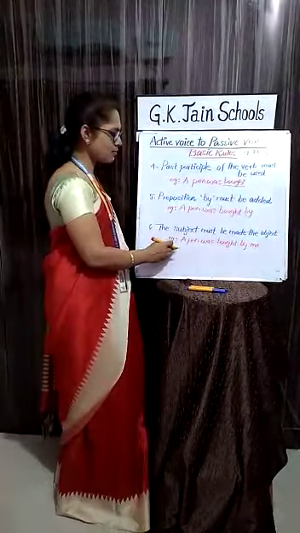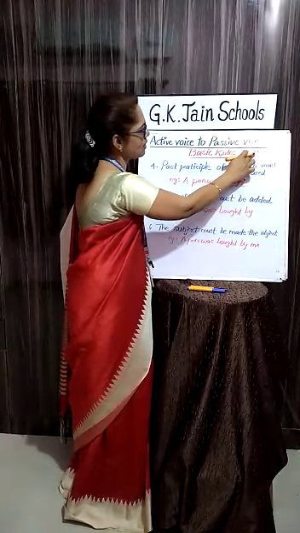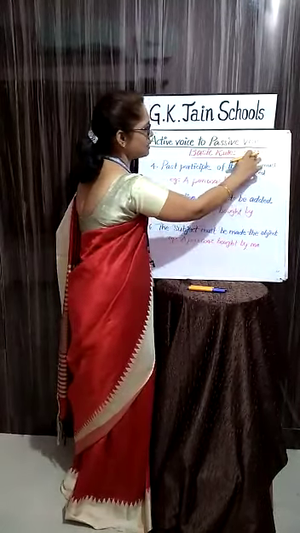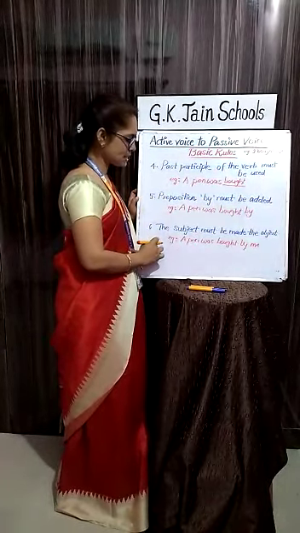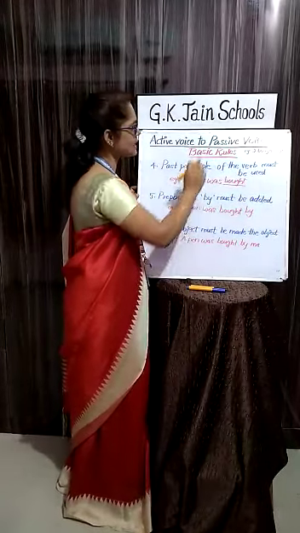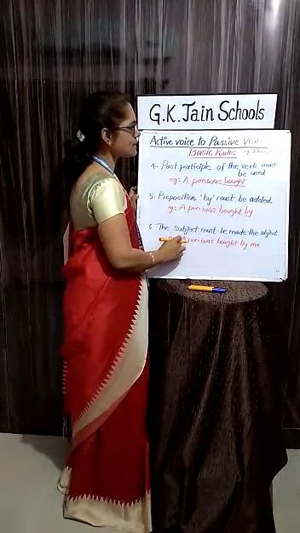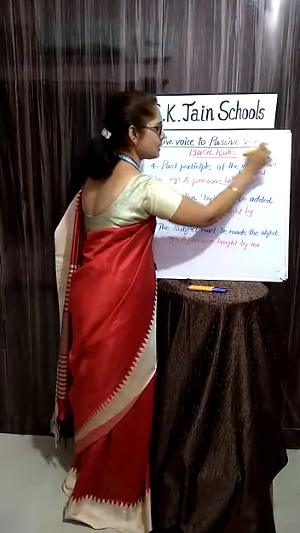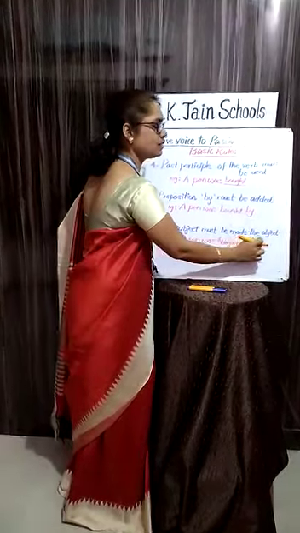So now we have converted our sentence which was in active voice, I bought a pen, into passive voice by following the 6 steps, that is the basic rules. Now our sentence got converted from I bought a pen to passive voice, a pen was bought by me.